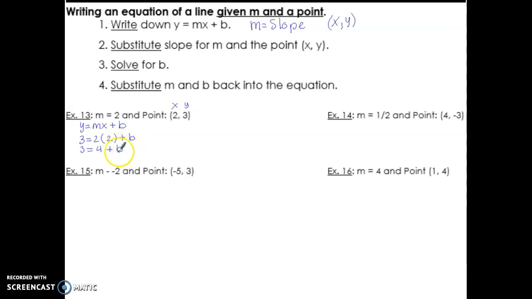In order to get our b by itself, we have to subtract this 4 from both sides, and we end up with b is -1.